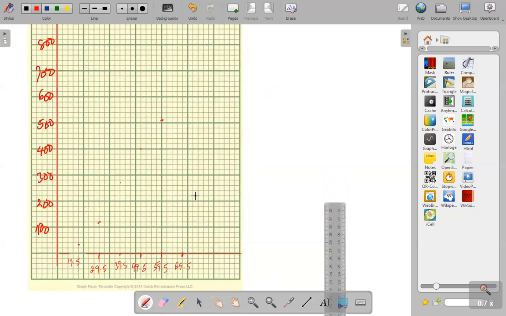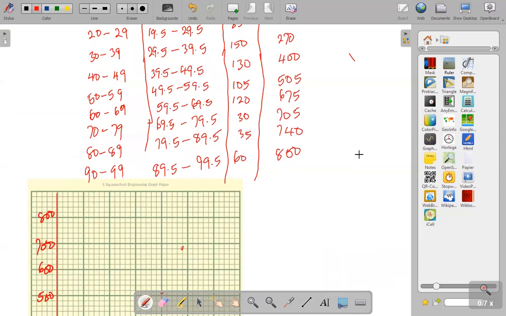Trace that line to, this is 600. Middle is 650. 675 should be close to this, around this place here.